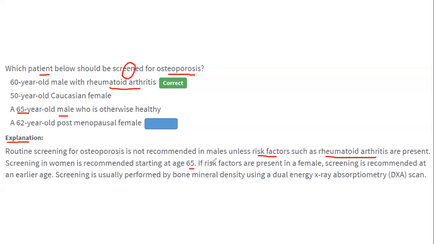If risk factors are present in females, scanning is recommended at an earlier age. Scanning is usually performed by bone mineral density, usually a dual energy X-ray absorptiometry, shortly called DXA scan.